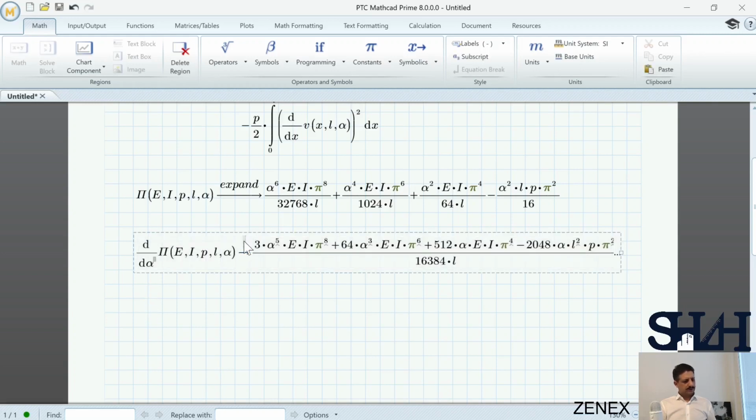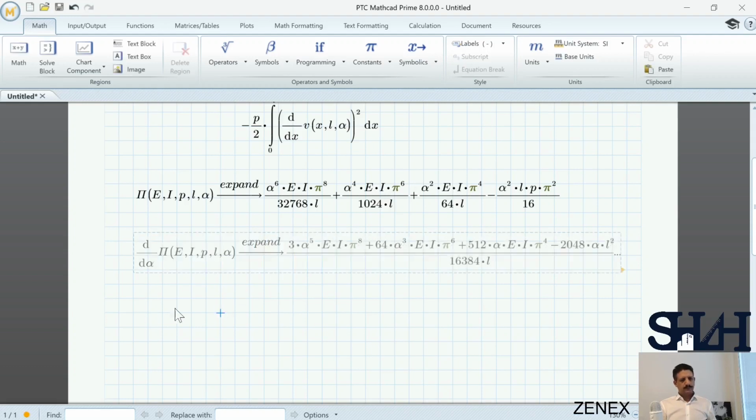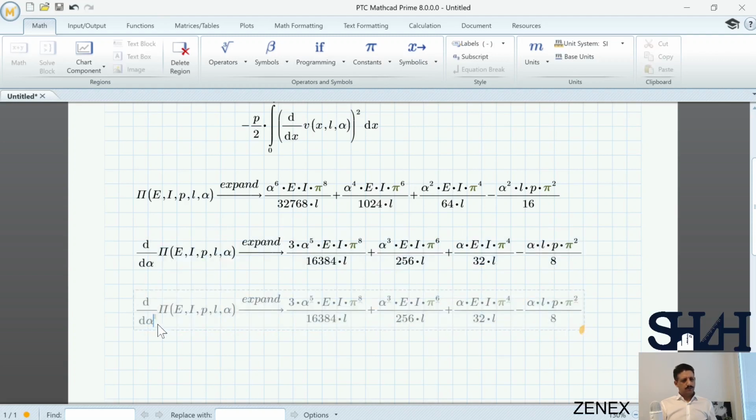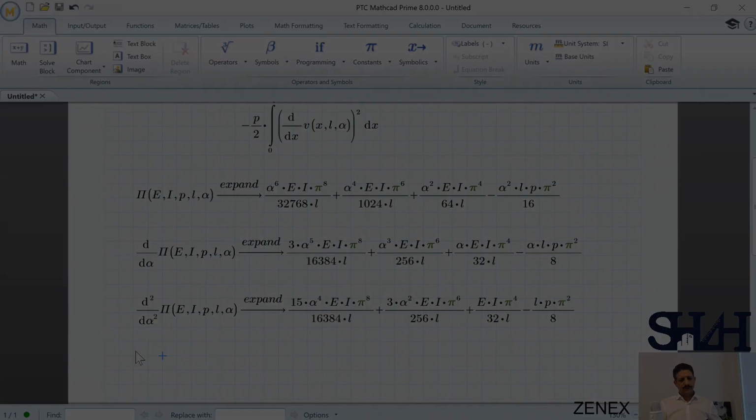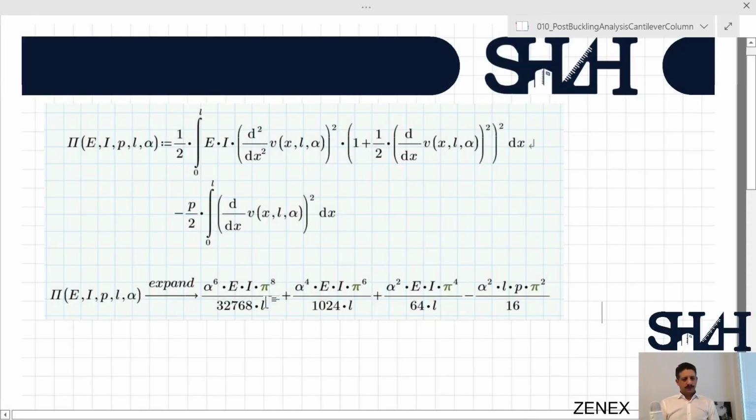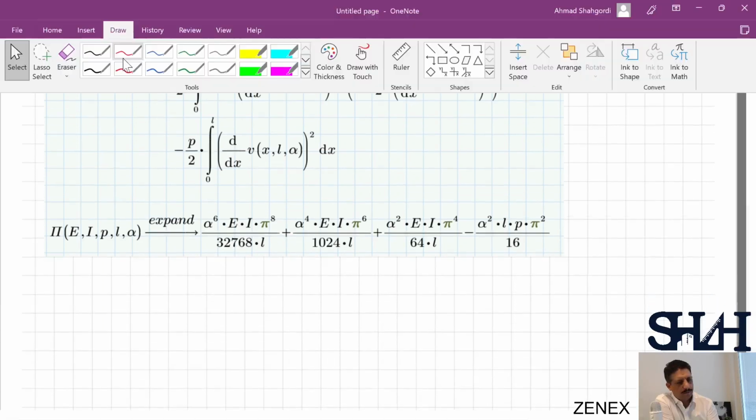You can also expand this. And the second derivative, yes, we have these three. This is the pi function. I will write it down.